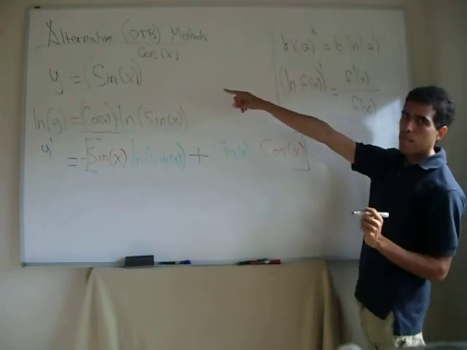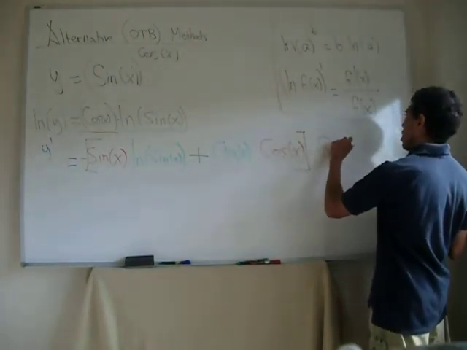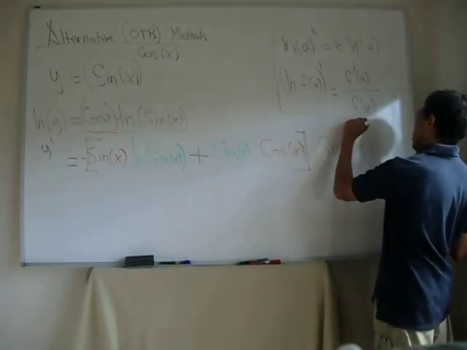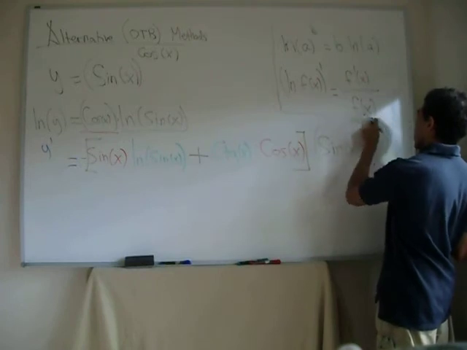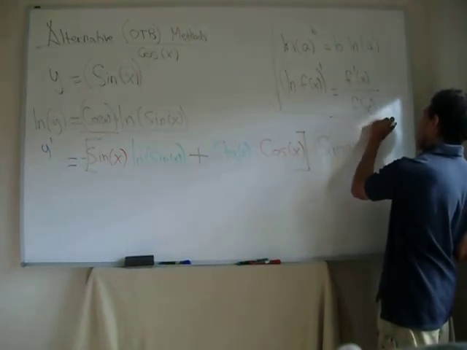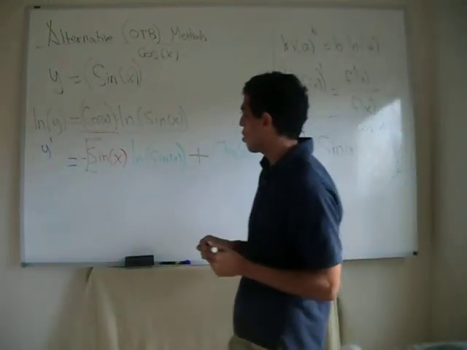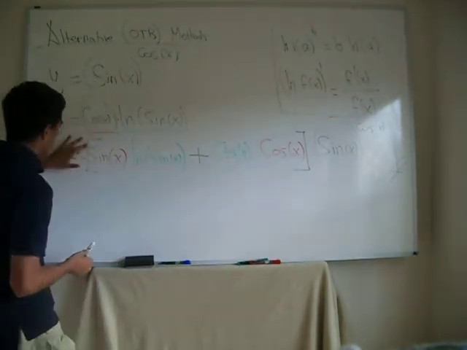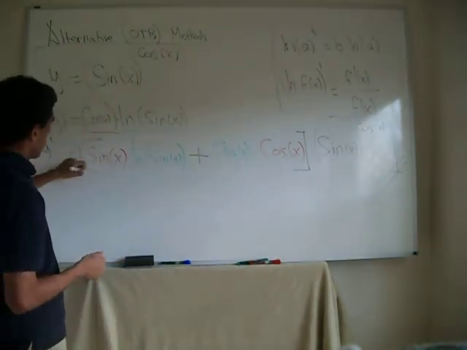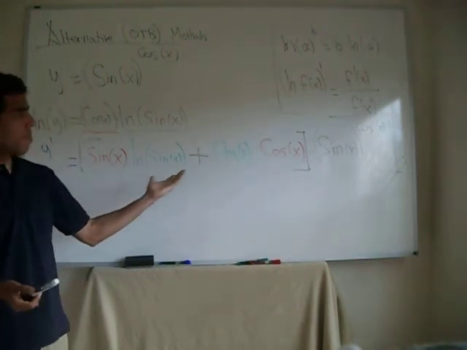Y, I have it right there. Sin x power to cos x. And there you go. That is the solution of the problem. Let me fix this a little. Okay? There is the solution of the problem.